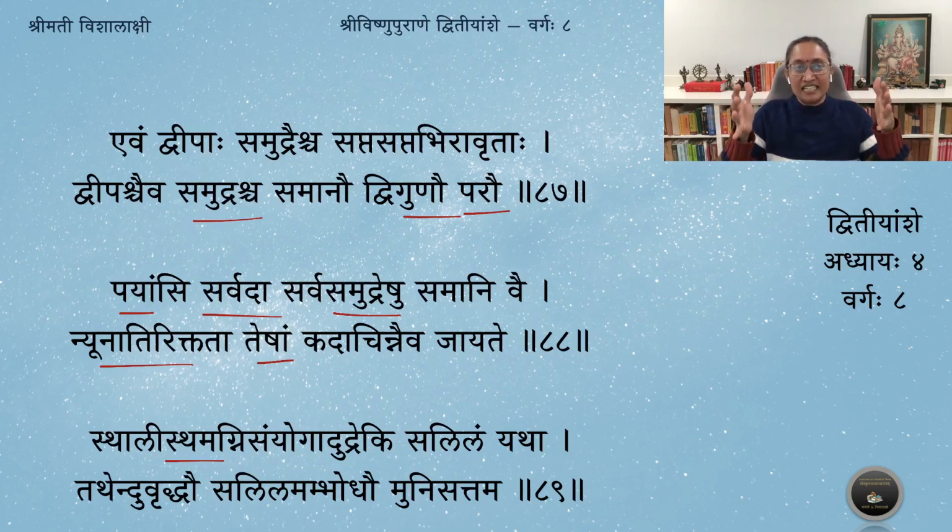It is present in such a manner as how you have water in a vessel, and agni samyogat, when you place it on the stove and there is a samyoga, a connection with agni, fire, udreki bhavati, it boils up. But the amount of water does not increase or decrease.